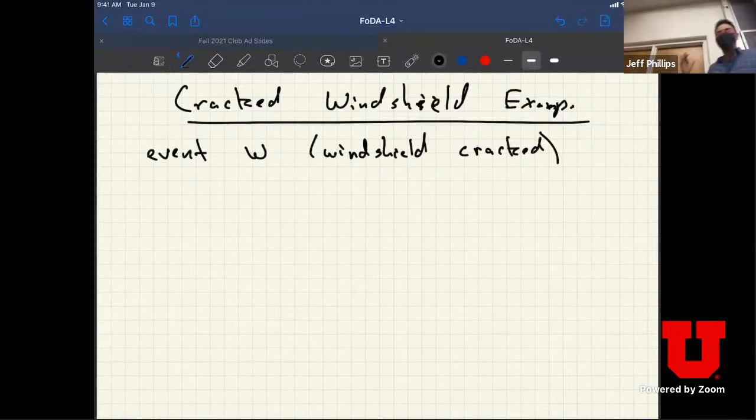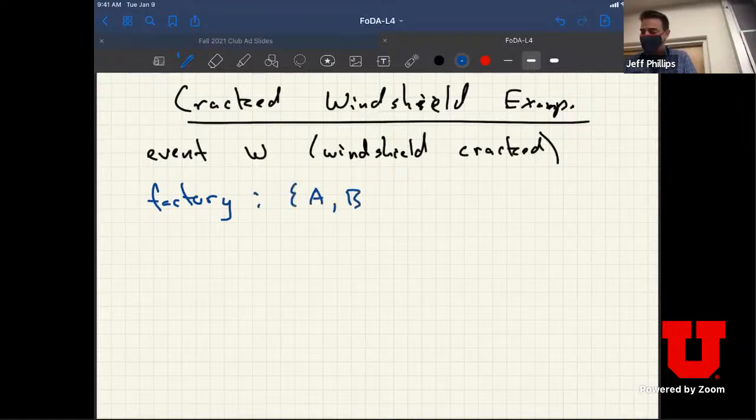Maybe it's not good to try and seek out blame, but I said there's some factory which installed the windshield some way, and there are three factories, A, B, and C. It would have come from one of these three factories, and I think the factory is to blame.